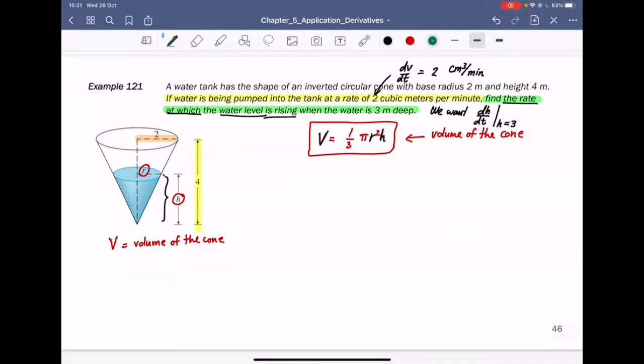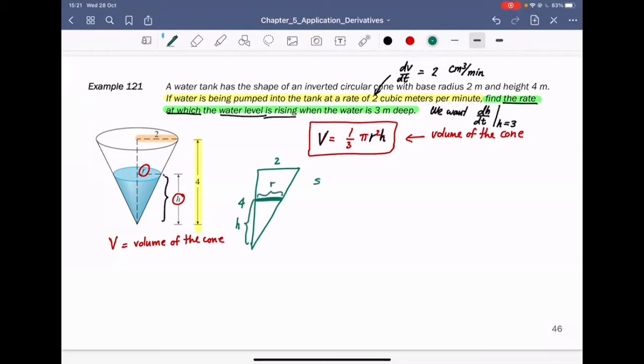If you look at the picture, you can see that we have a right triangle here, right? And the cone has radius 2 and height 4. However, at the water level here, you're going to have the height h and radius r.